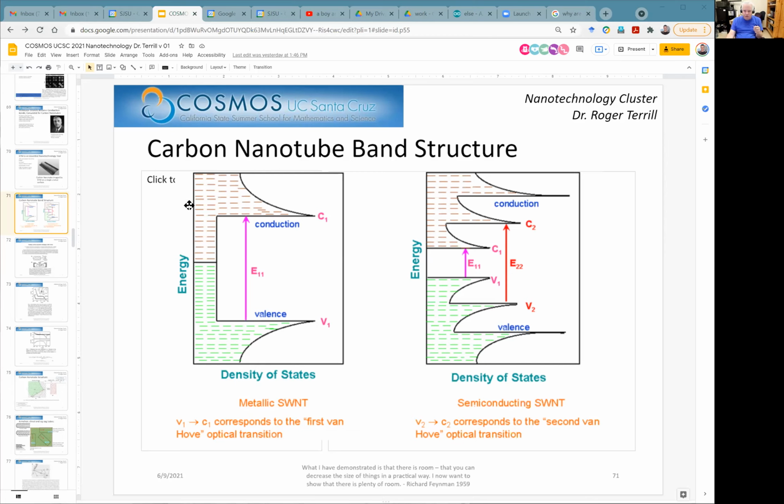So if you were to have a microscope that could answer the question, are there electrons at this energy level in this carbon nanotube, would you get the answer yes or no? No. All right. What do you think, Caleb?